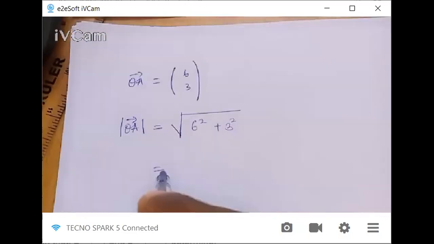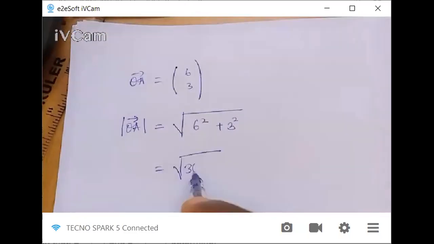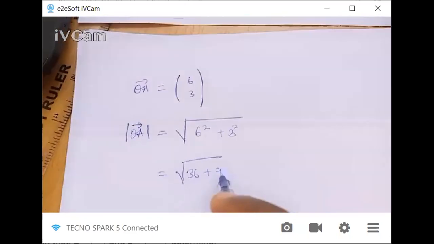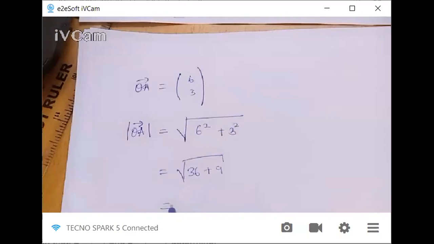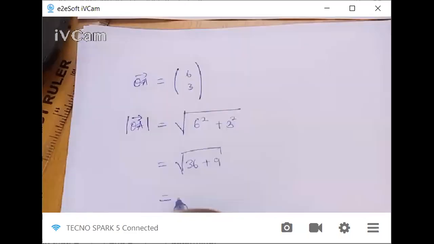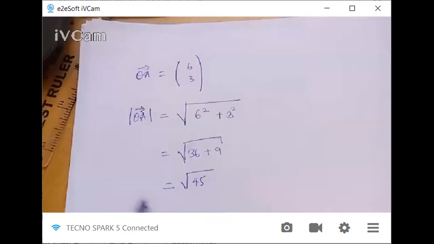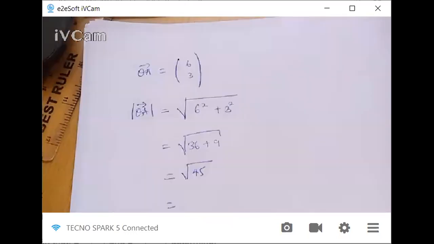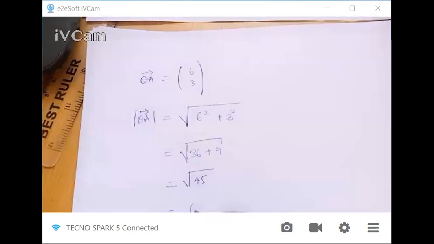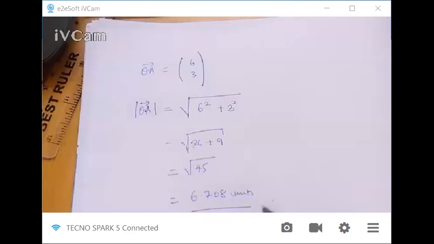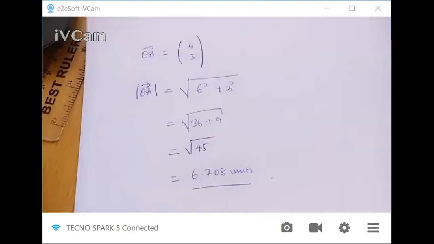That is 36 plus 9, isn't it? So 36 plus 9, you get 45, and that's the answer that we got as 6.708 units. All right.